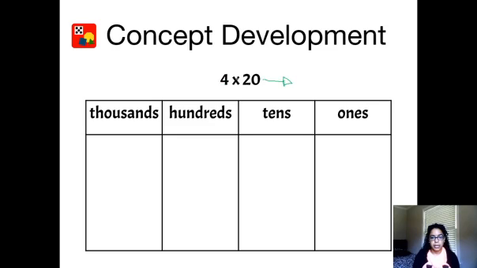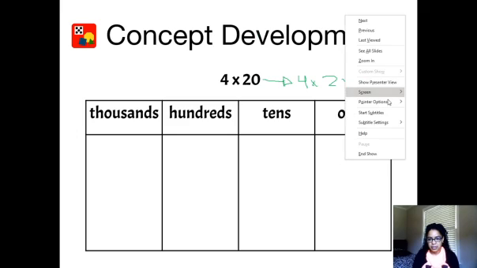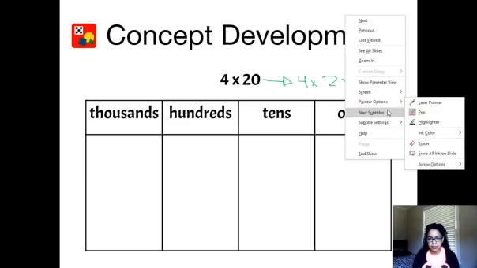I would break apart the 20 into 2 and 10, and I would just do 4 times 2 times 10. So you will have to know how to do that on your problem set. So I'm just going ahead and doing it now, even though the other way is probably easier because it's less steps. So let me get my highlighter back.